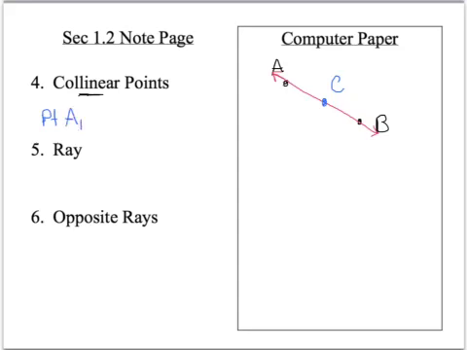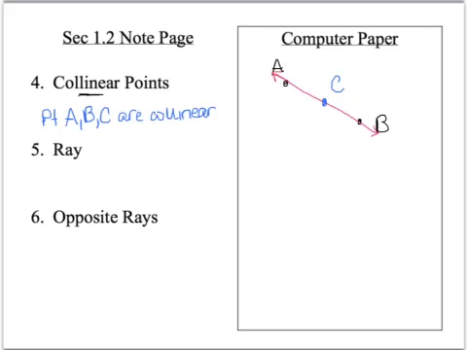Points A, B, and C are collinear. Or you could simply say A and C are collinear, or points C and B. Doesn't matter. You could pick any 2 of the 3, or you can list all 3 together. But they still lie on the same line.